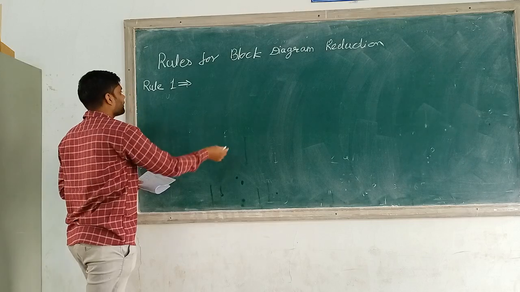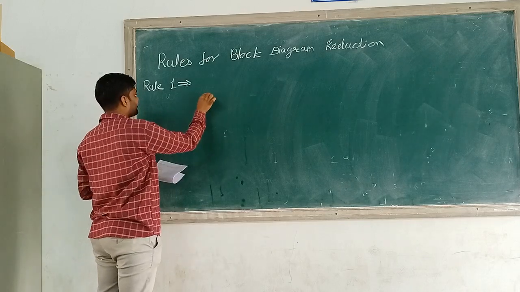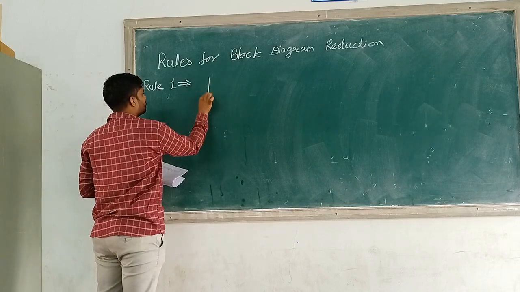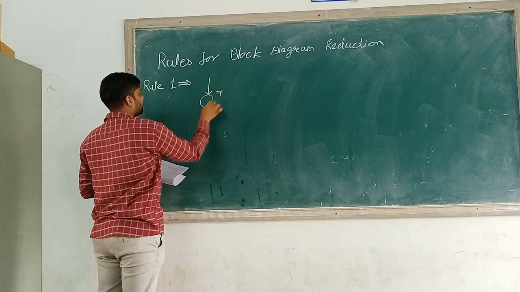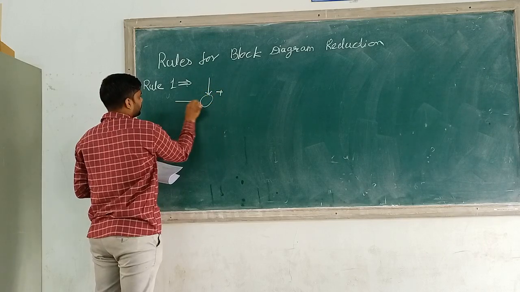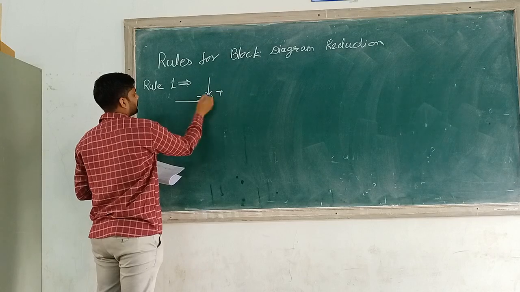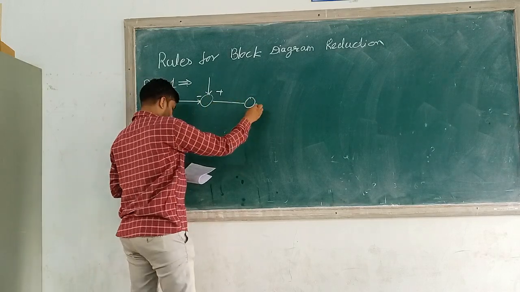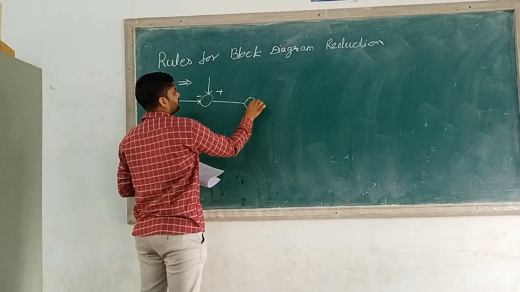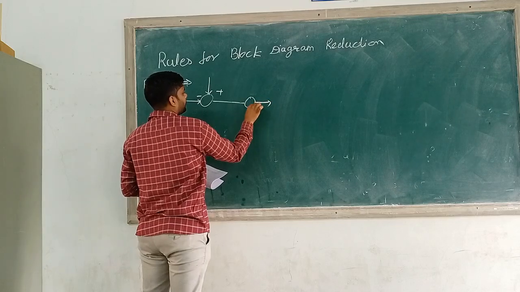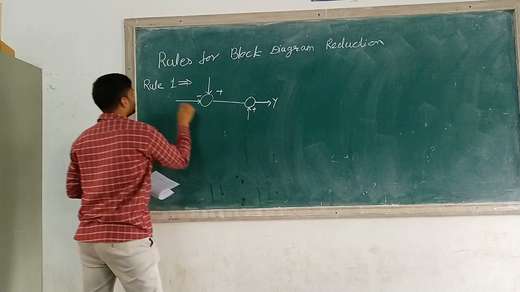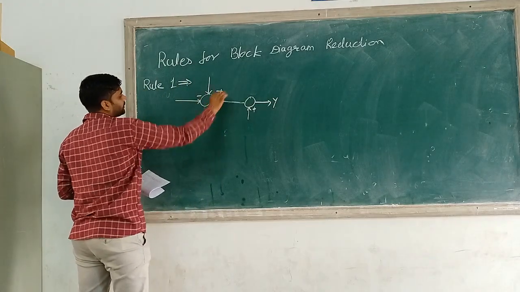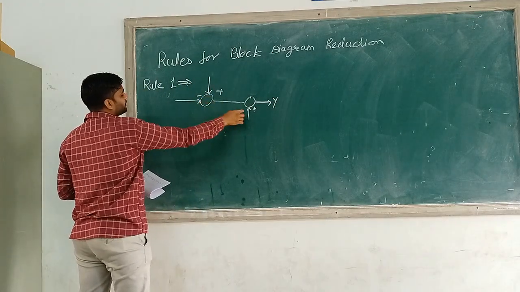So when we are having a summing point like this, plus, this is minus, and this is the third, which is plus. This is the output, and these are the inputs which are coming toward the summing point.